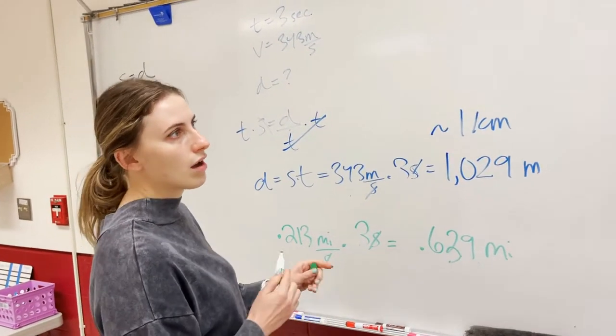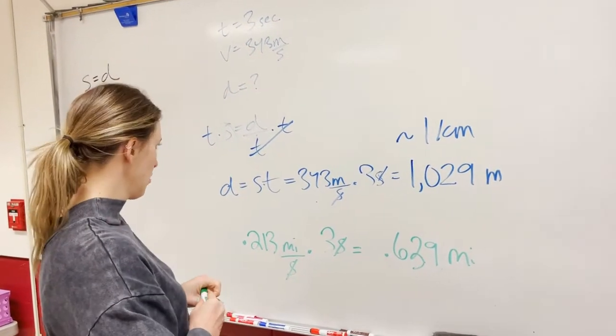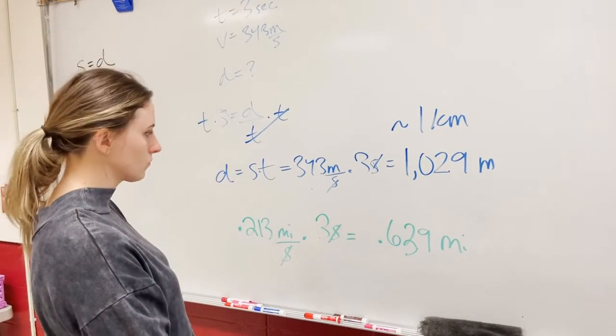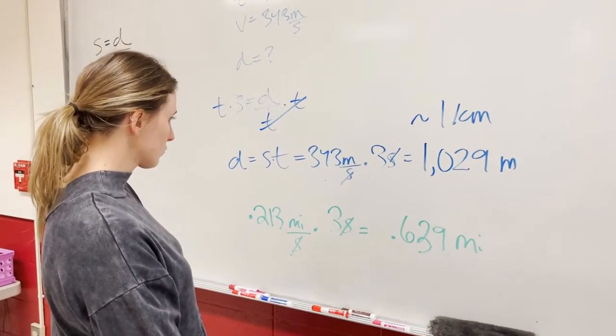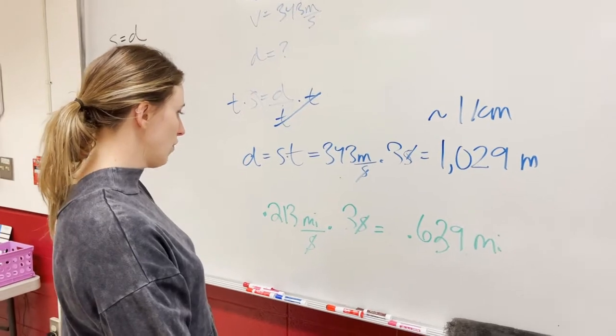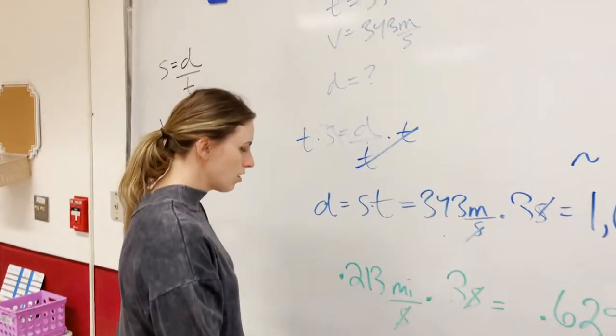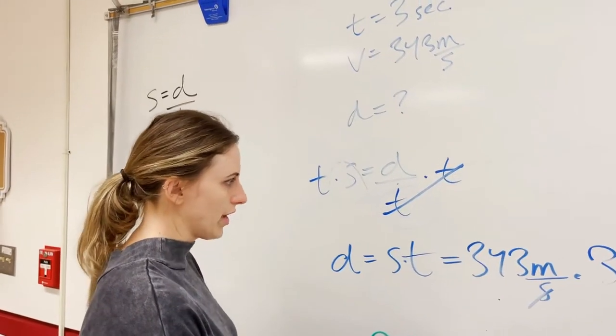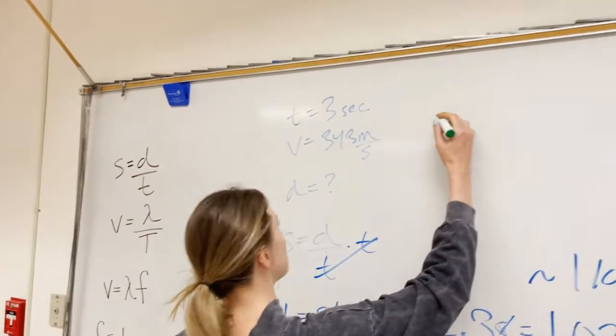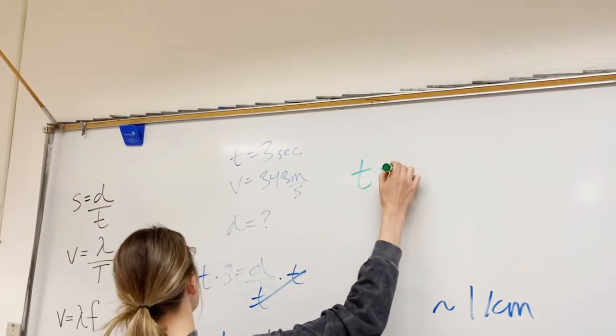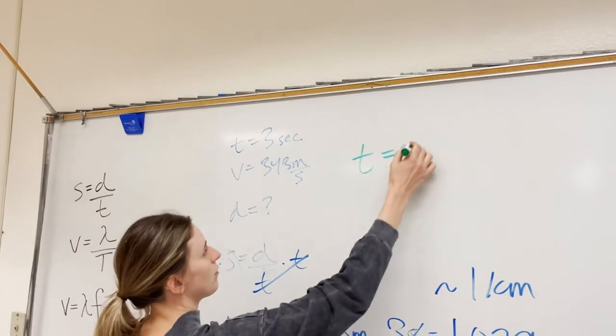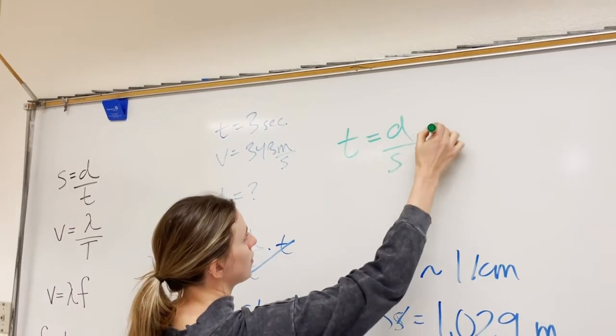Okay. Now a question here: how much time will it take for the sound to travel 1 mile? How would we solve the equation for t? Okay, so if it was 1 mile, I've got t equals D over S. Distance over speed.